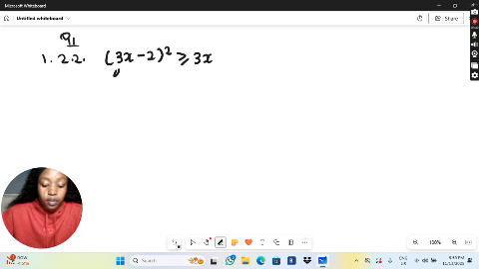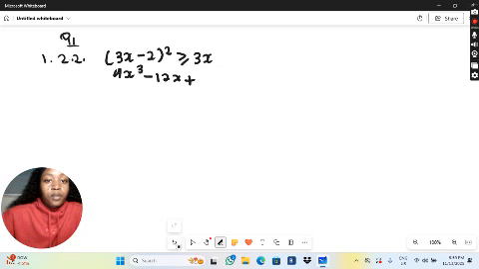So after solving this, we are going to have 9x squared, which is 3x all squared, 9x squared minus 12x plus 4. Okay, let me write this correctly. Plus 4 is greater or equal to what? 3x, right?